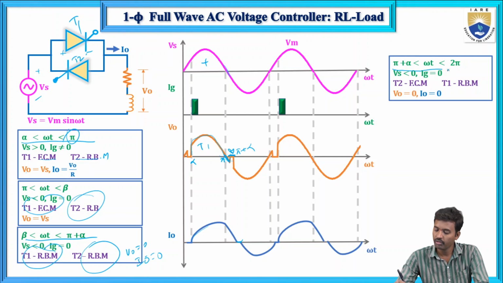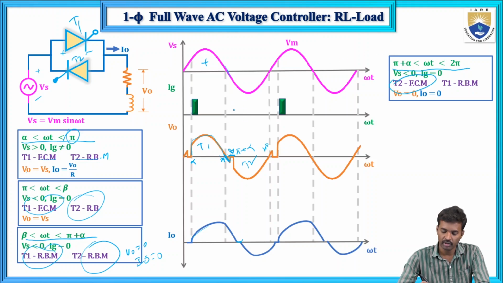From pi plus alpha to 2 pi, for T2 we are giving the gate pulse here. So this is alpha 1 and alpha 2 for thyristor T2. Now T2 will conduct, so T2 is in forward conducting mode and T1 is in forward blocking mode.